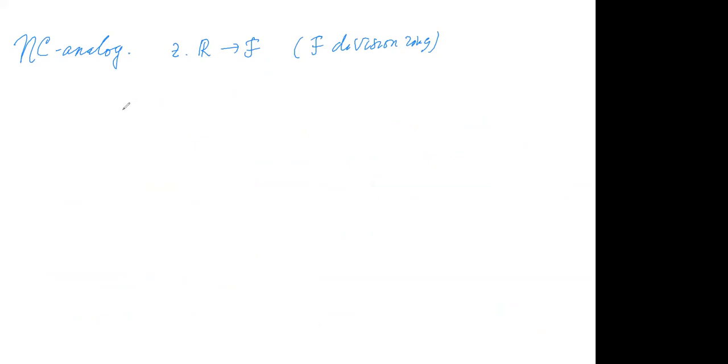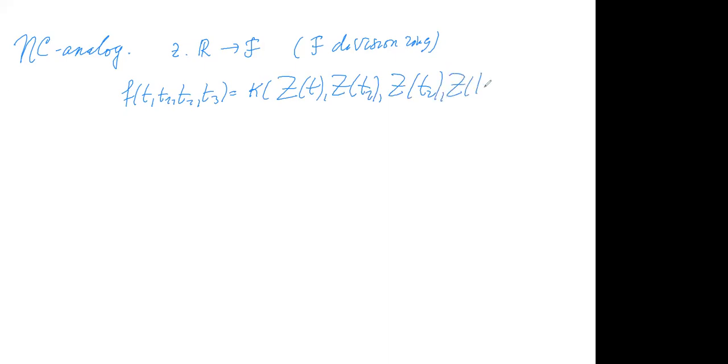And we consider the function f of t, t1, t2, t3 to be equal to the cross ratio of z of t, z of t1, z of t2, z of t3.